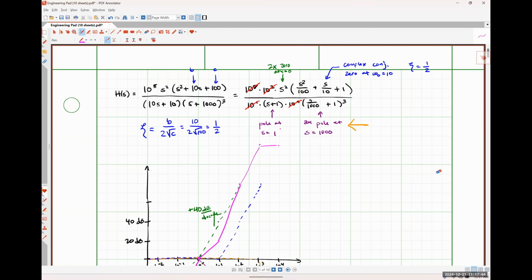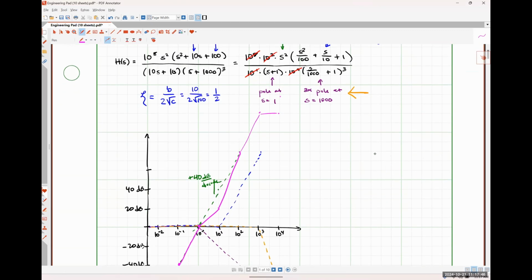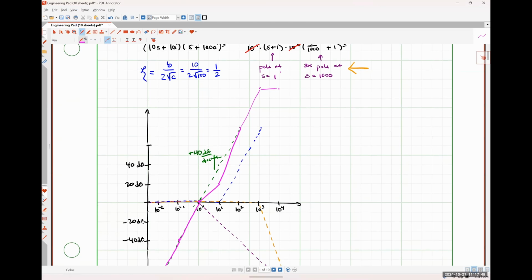So let's look at what's going on at something relatively easy. Let's do it at S equal to 10 to the 1, okay?